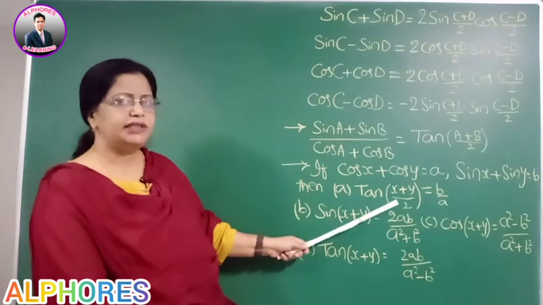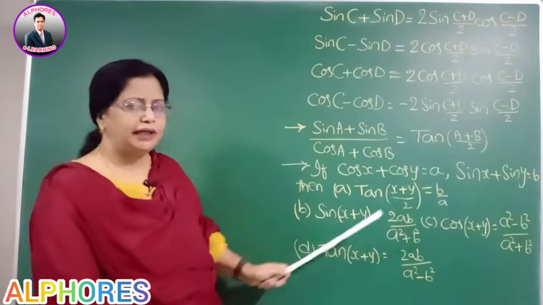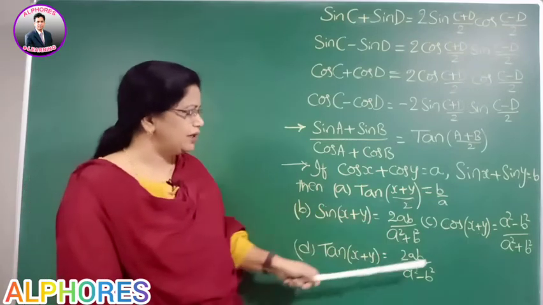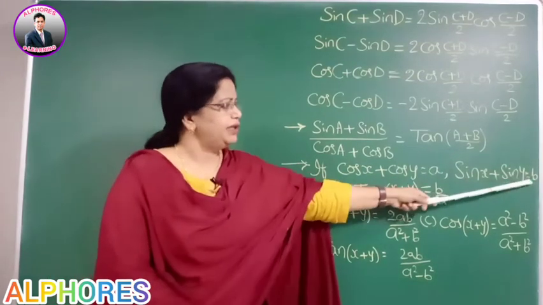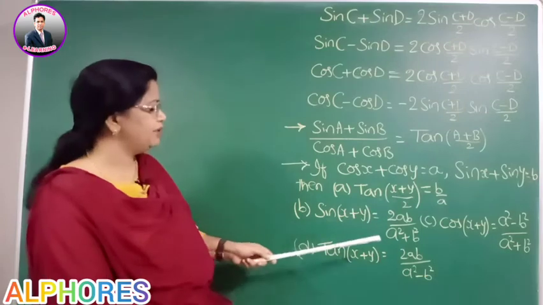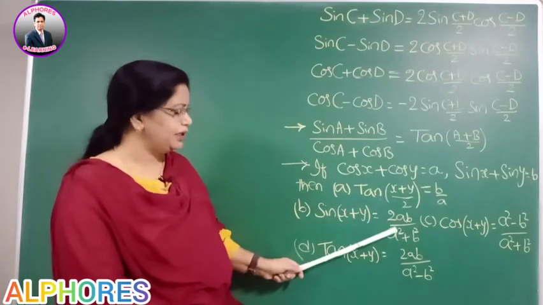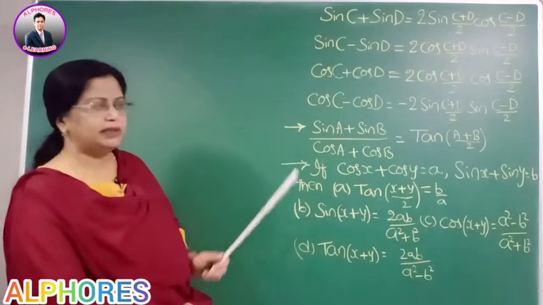See here, this is half angle of x plus y, whereas these are full angles of x plus y, right? All answers are in terms of A and B. That means these 2 values. So all options they gave in terms of A and B. That means we need to eliminate the x, y values. Thereby you can obtain the answer in this way. Right students? So let us solve this problem.